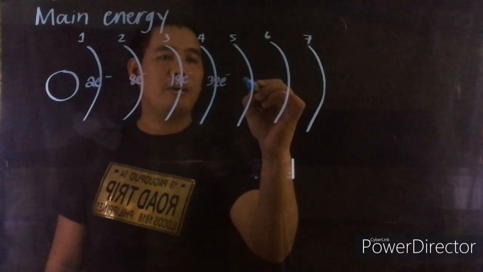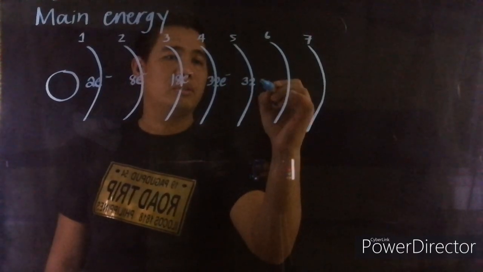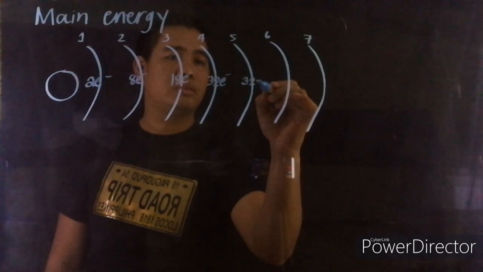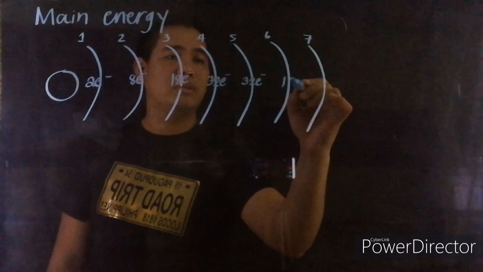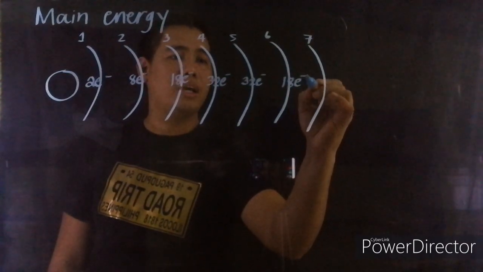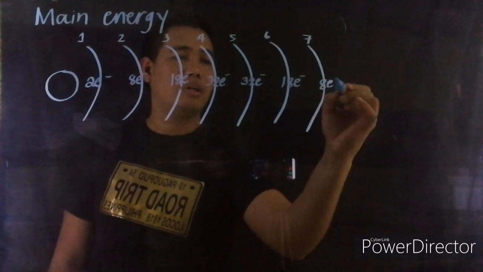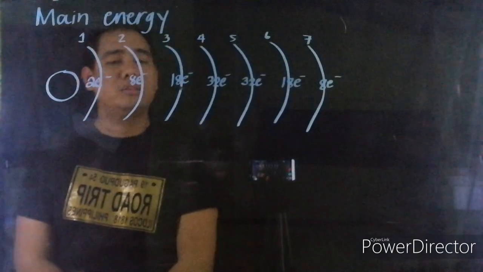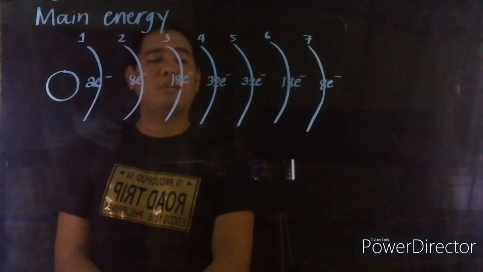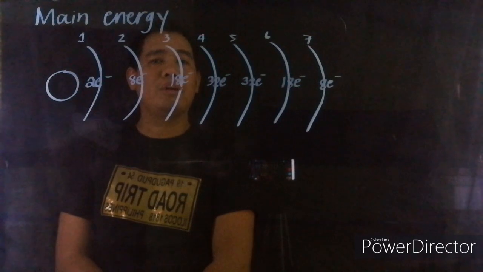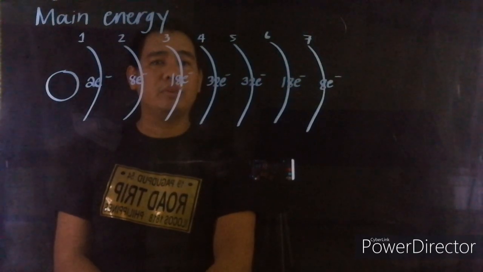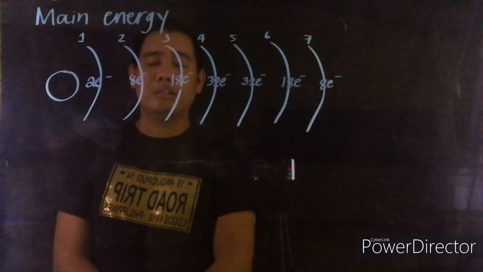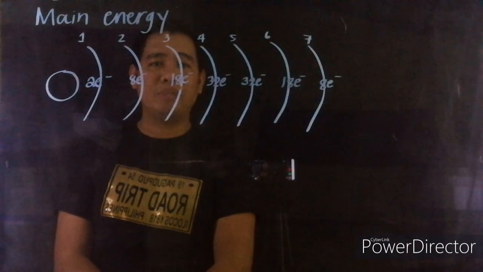The fifth, we have 32 electrons. Then we have 18, and we have 8. So that is the exact number of electrons for every level or shell in a given atom. And this one will vary. It depends on the number of protons or atomic number of an element.